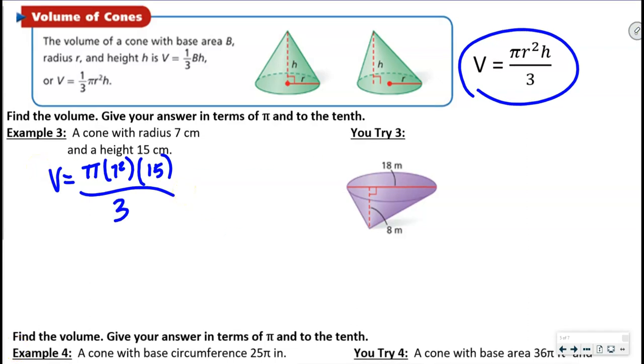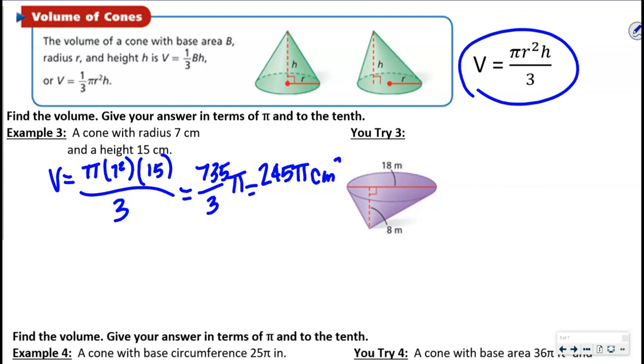So that's going to give us, when we multiply 7 squared times 15, 735 divided by 3, and that's still pi. So when we divide 735 by 3, we get 245 pi. That's our answer, and then that's going to be centimeters cubed.